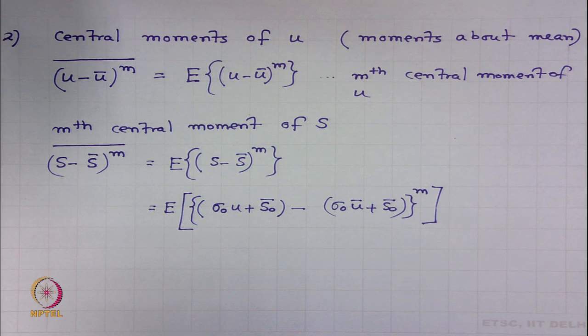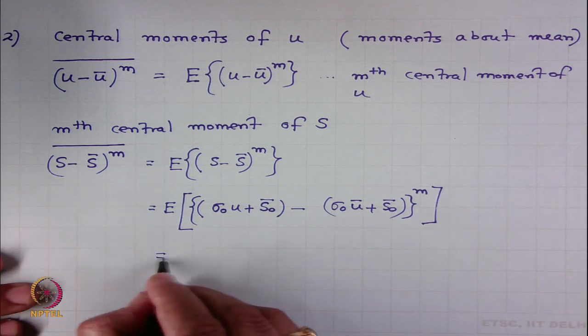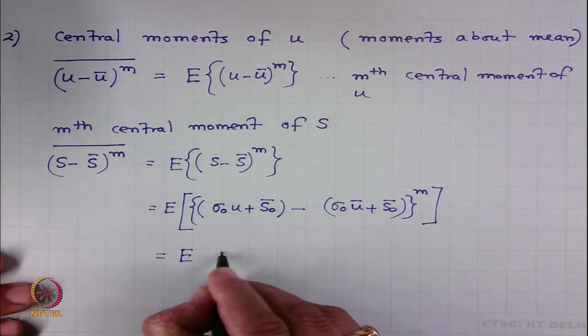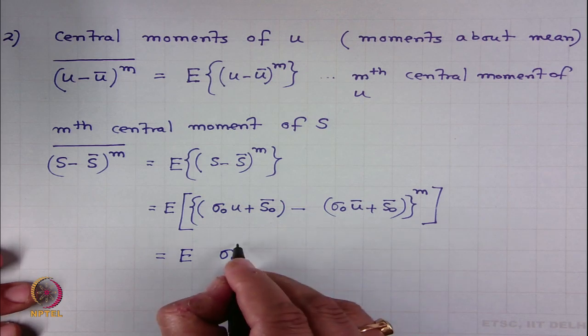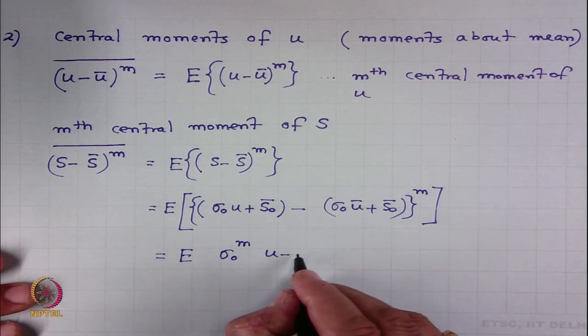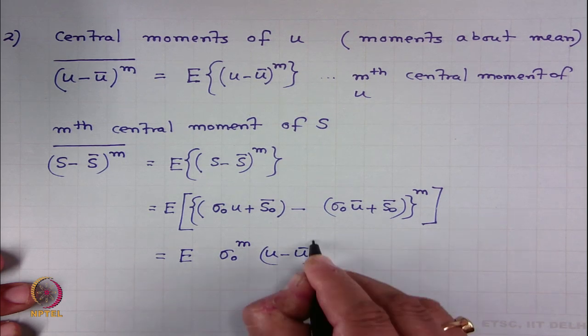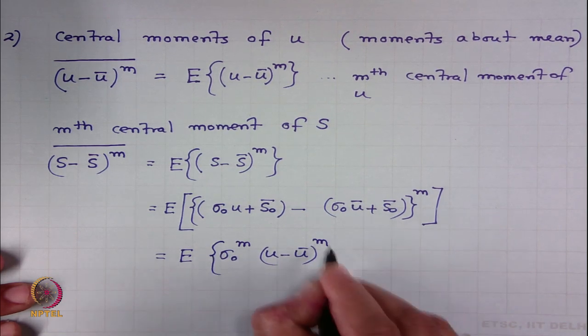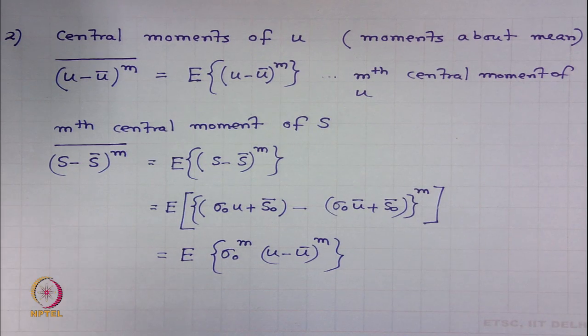So, what you will obtain is sigma naught to the power m, u minus u bar to the power m, right.